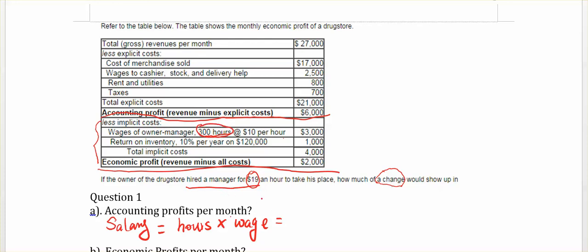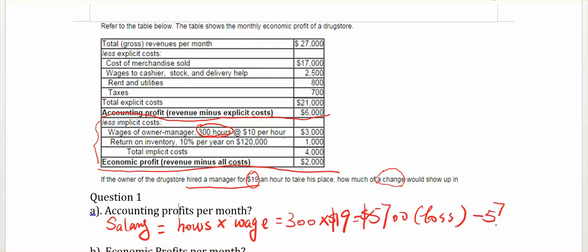Now he hired a manager, so obviously the manager should work 300 hours times $19. So you will get $5,700. That is how much money the owner needs to pay the manager. However, it asks you for the profit change. So if you pay $5,700 more, this is a profit loss. So the right answer for this question is negative $5,700.